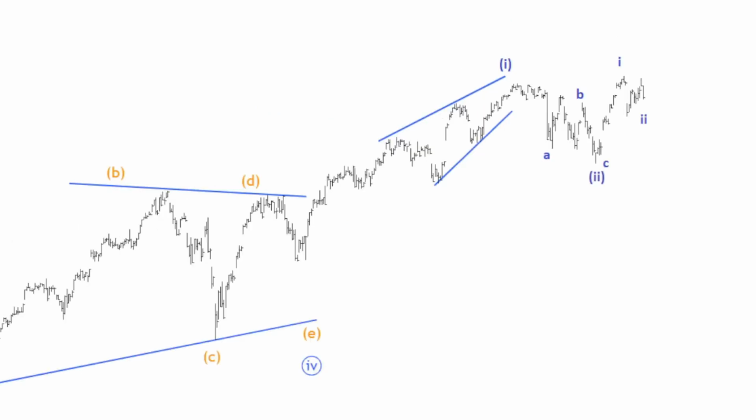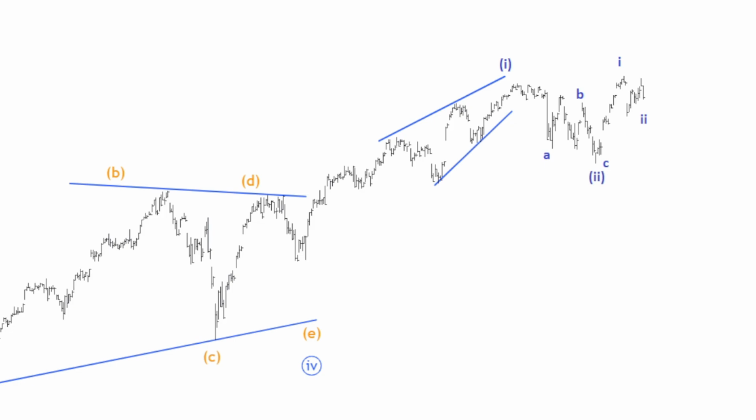On a 4-hourly chart, we see that minority wave 1 and 2 are complete, and minority wave 2 traced out an ABC pattern, while the up move from here is a sub-minority wave 1 which is complete and exceeded the previous all-time high.